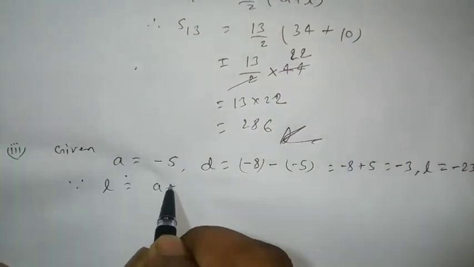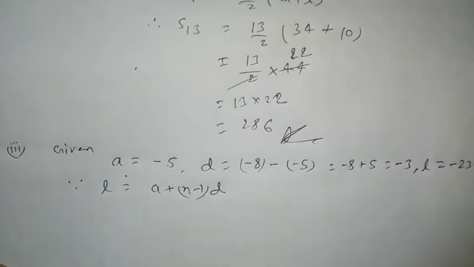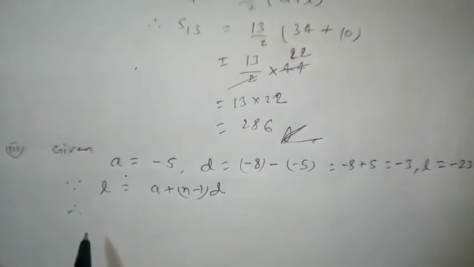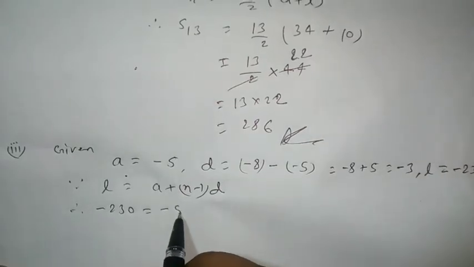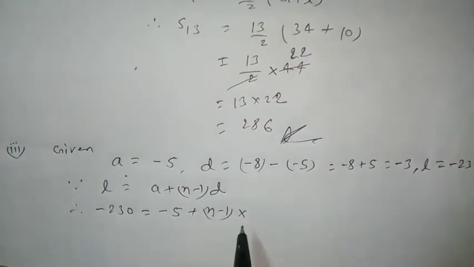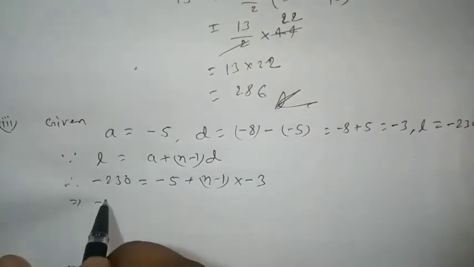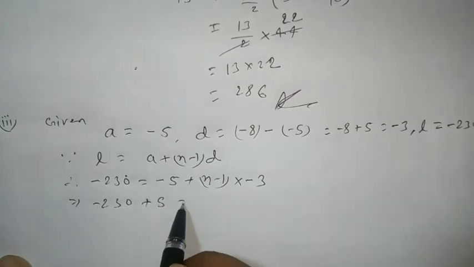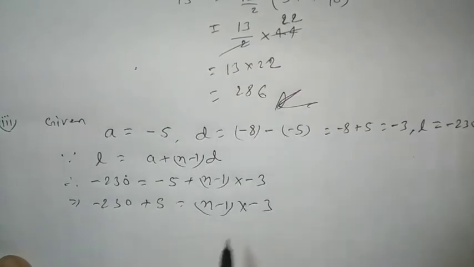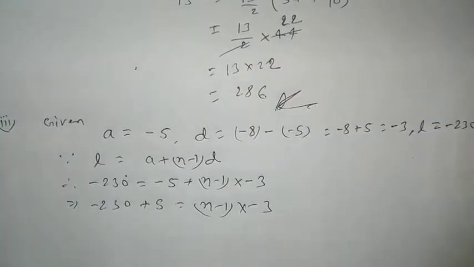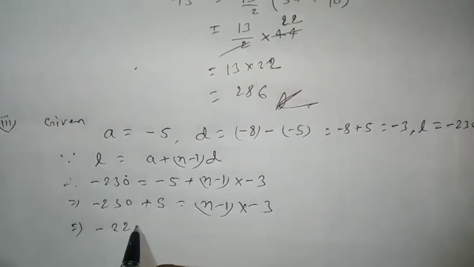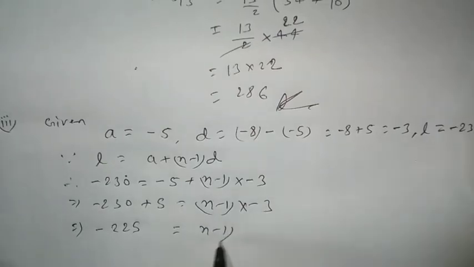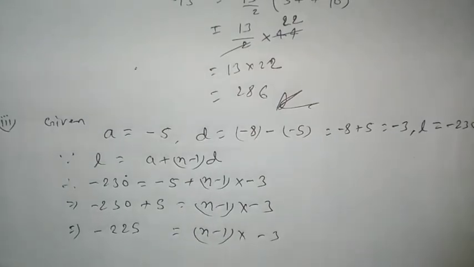Because l is equal to a plus n minus 1 into d, therefore minus 230 is equal to minus 5 plus n minus 1 into minus 3, minus 230 plus 5 is equal to n minus 1 into minus 3, implies minus 225 is equal to n minus 1 into minus 3.